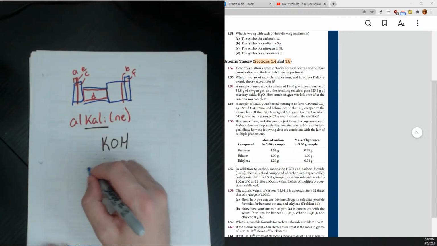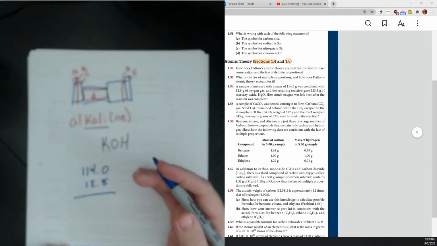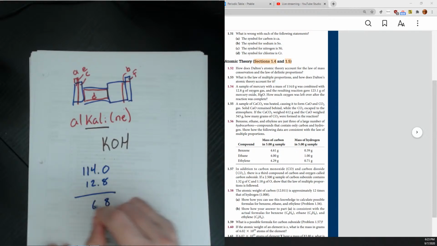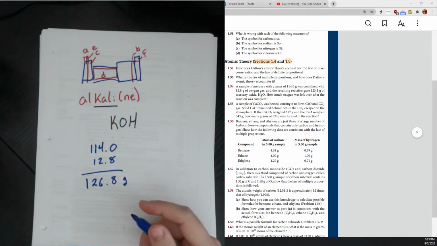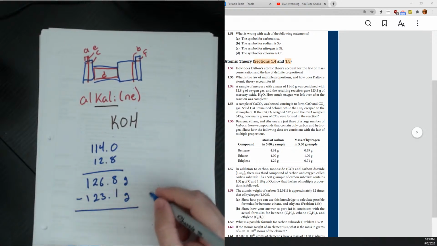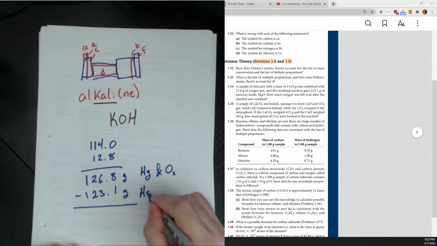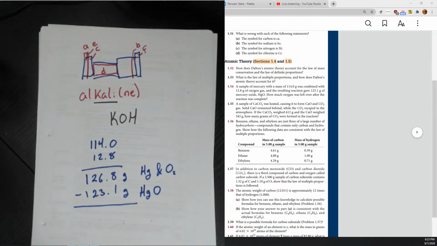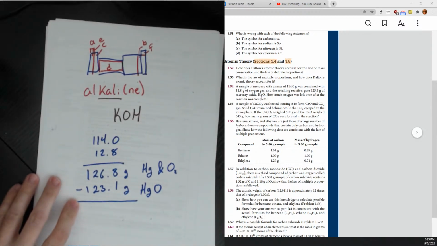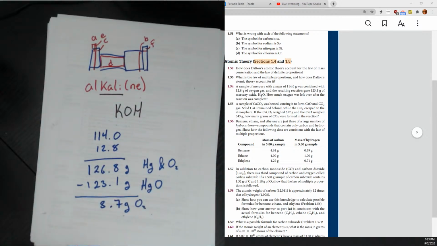So it should have been 114.0 plus 12.8, a total mass of 126.8 grams, but we only formed 123.1 of the mercury oxide. So anything left over, assuming we used all of the mercury, would have to be oxygen, and therefore you're going to be left with 3.7 grams of oxygen.